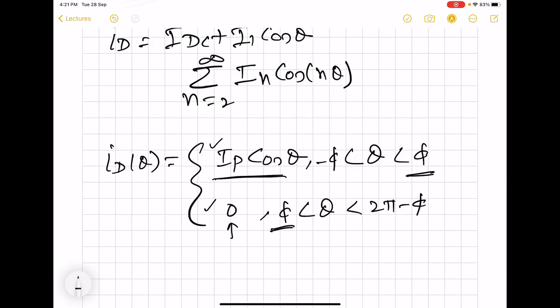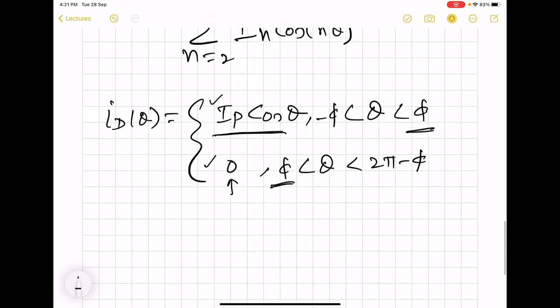That becomes the class B operation. But we are discussing a phi less than pi by 2, so that this is class C. So what we see here is that IP cos phi is not 0, and the second part says that at theta equal to phi, it should be 0.